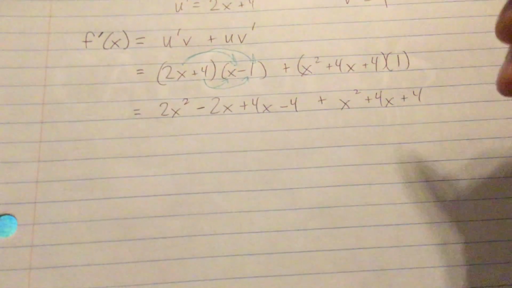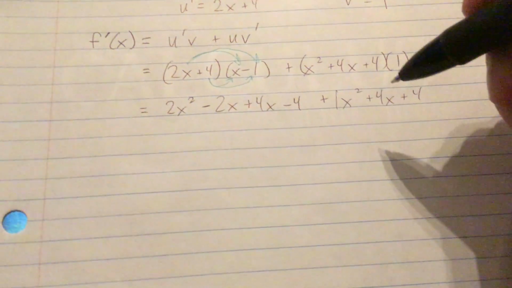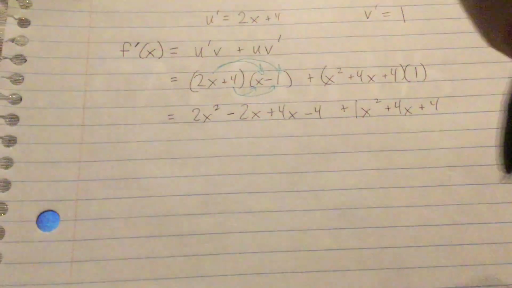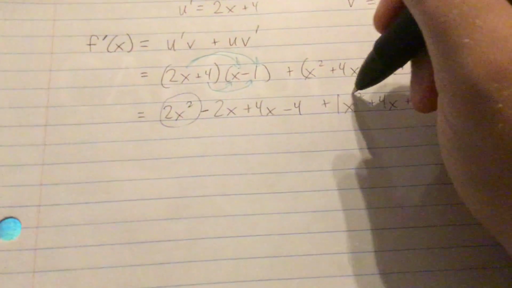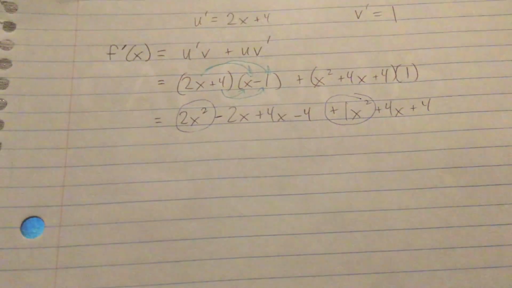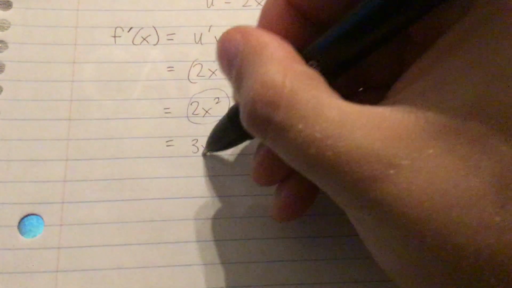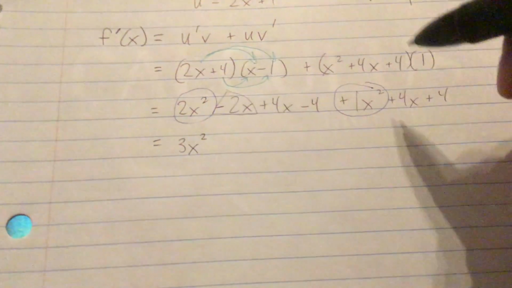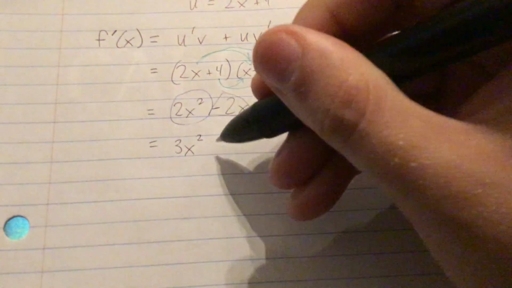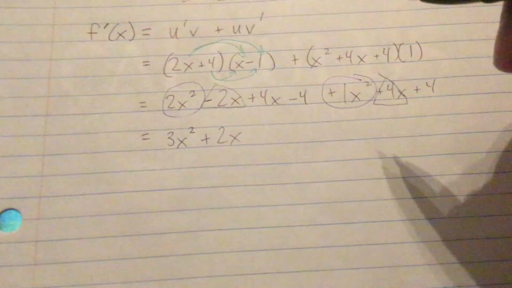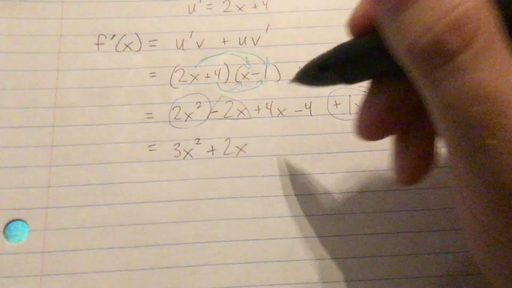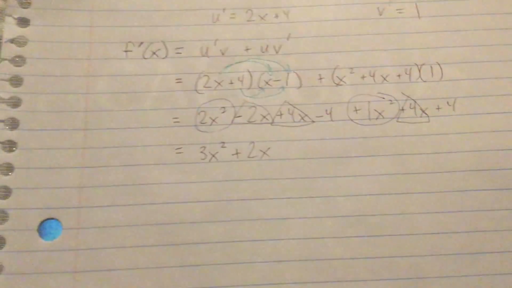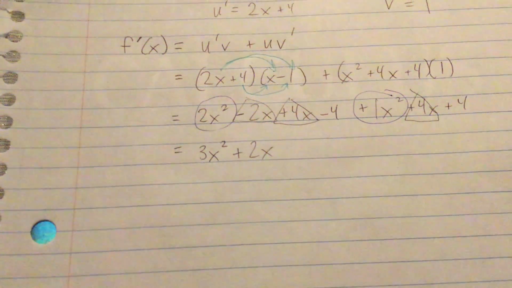Now let's pair them up. When in doubt, I could just put a 1 right there. So now I'm going to pair up 2x squared and positive 1x squared, combine those like terms and get 3x squared. And then negative 2x combines with positive 4x, and that should be positive 6x.